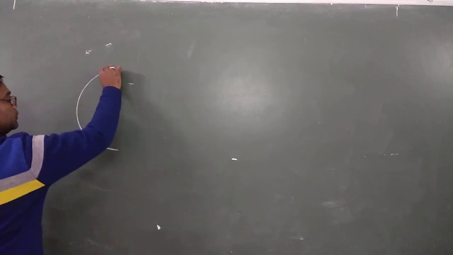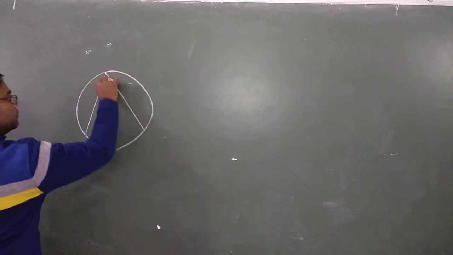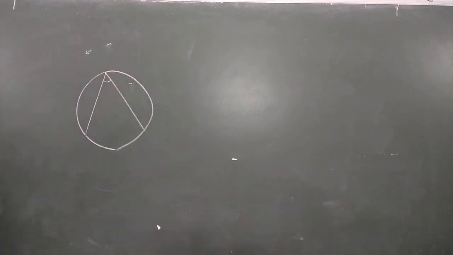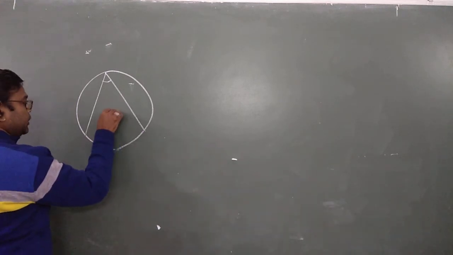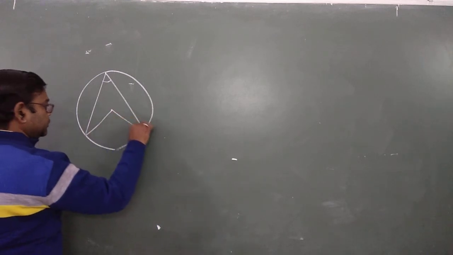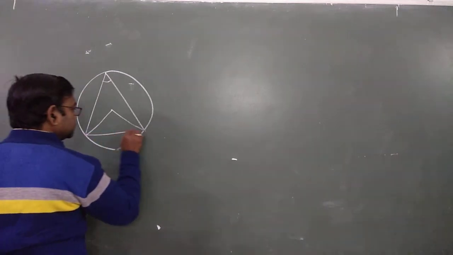Now our next question looks like this. There is a circle, and there is an angle at the circumference by using some arc, and also we have an angle at the center of the circle, and we have some joined part.